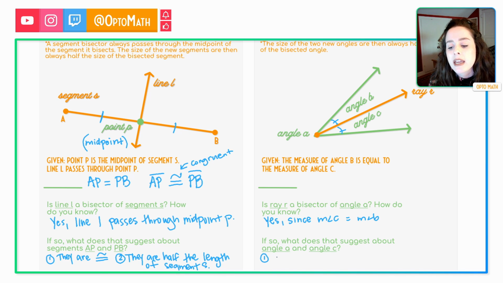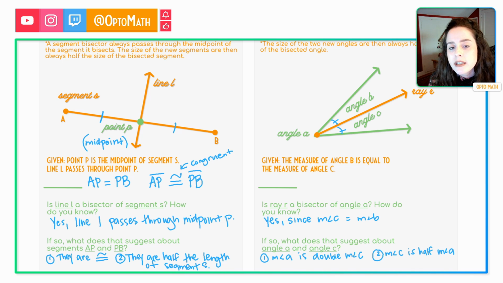One thing we can say is the measure of angle A is double the measure of angle C. And the second thing we can say is the measure of angle C is half the measure of angle A. These are two statements that mean the same thing. They're just said a different way. So same thing, different thinking.